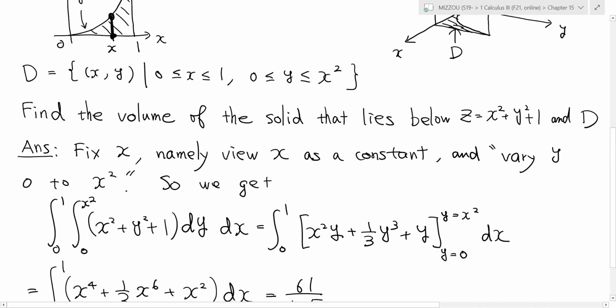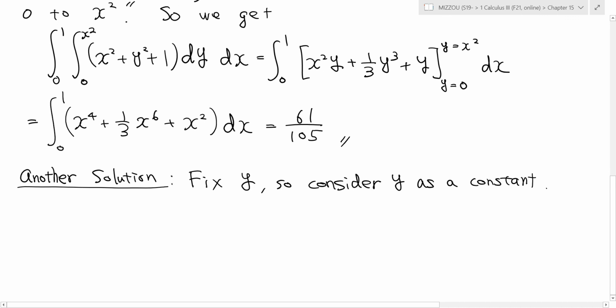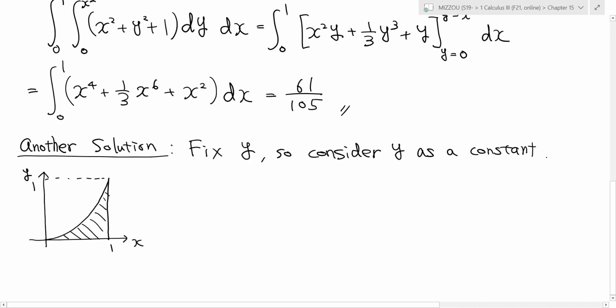Then, what does that mean? That means pictorially, and for this, it's better to look at the picture. The region is the same, and here is 1, 1. And now you fix y.